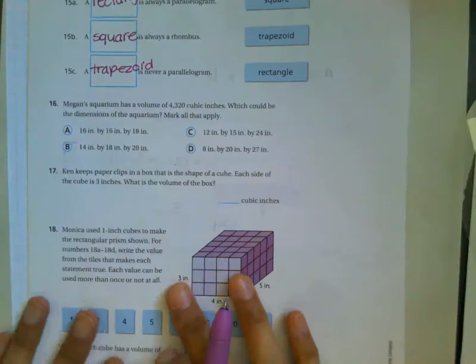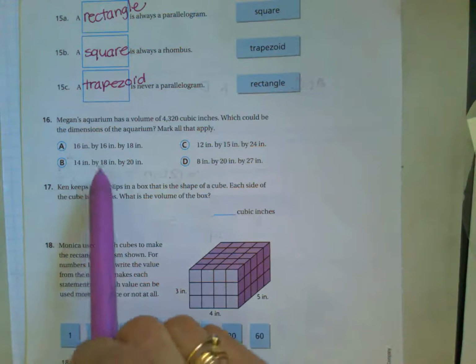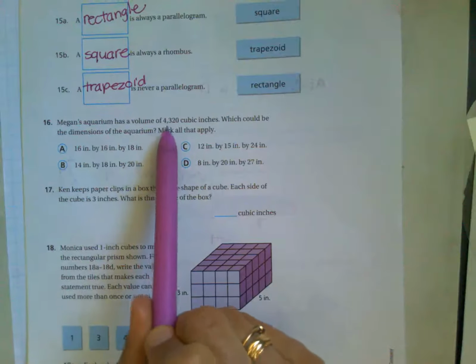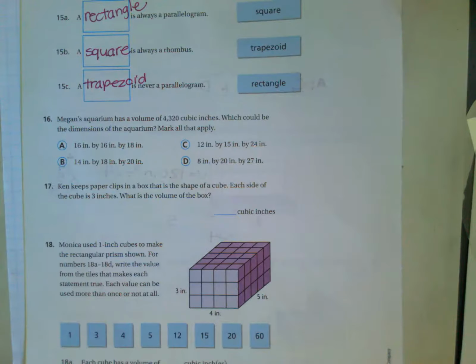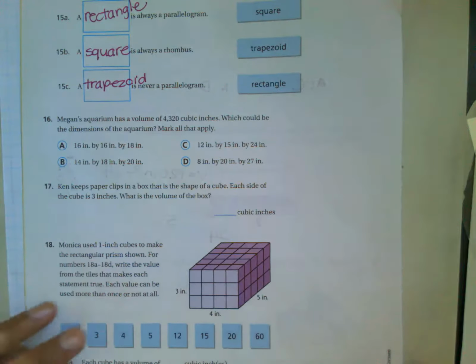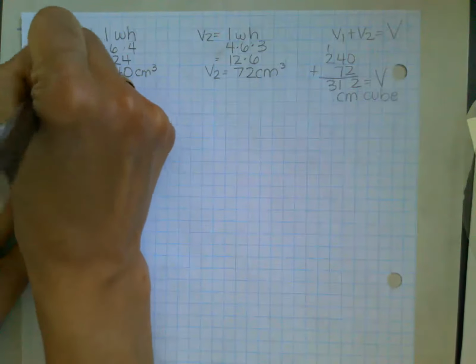All right, number 16 is kind of like a guess and check question, but what we need to do is go through each of those dimensions and see if they equal 4,320. And it says mark all that apply, which means you'll probably have two answers here. So I'm going to start with number 16A.